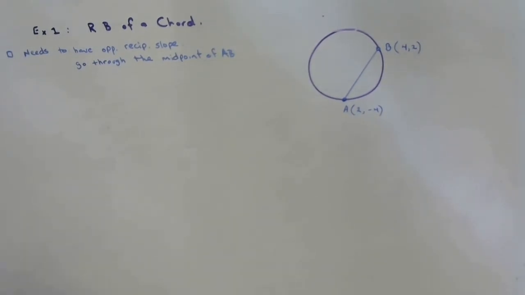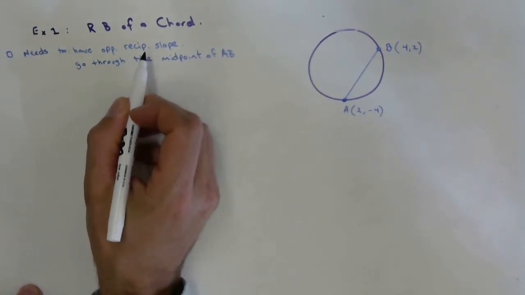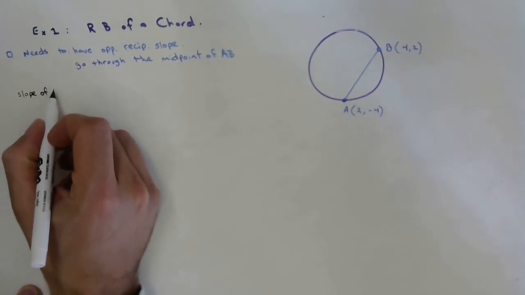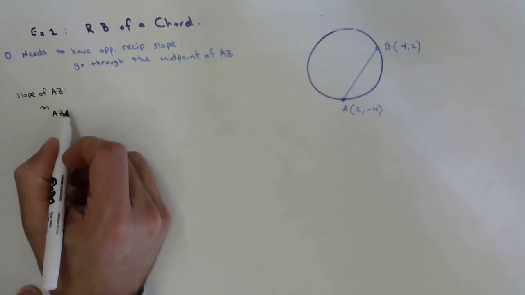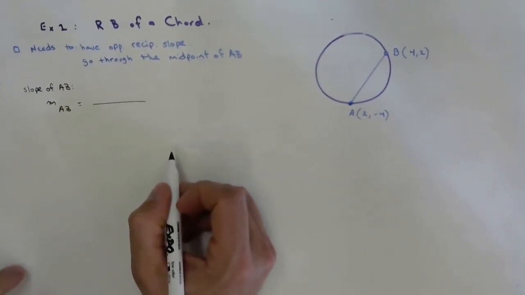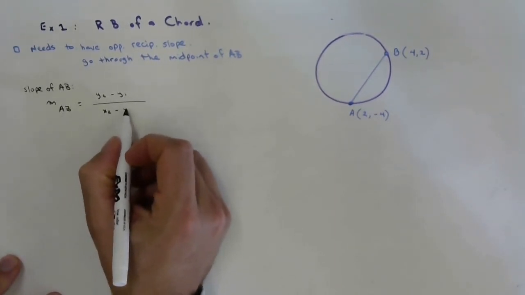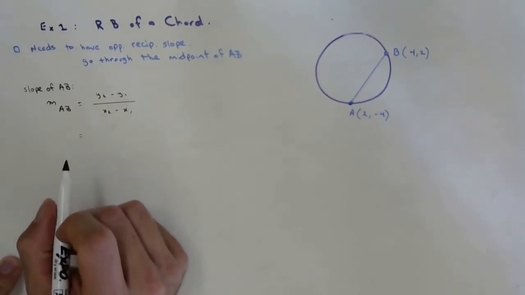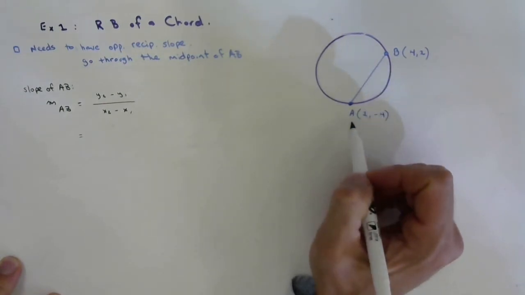First, I'm looking for the slope of AB. So slope of AB, that looks like this, MAB. What's my slope formula? Y2 minus Y1 over X2 minus X1. If you don't know that yet, you absolutely need to know that. So I'm just going to pick B to be X2, Y2, and A to be X1, Y1.